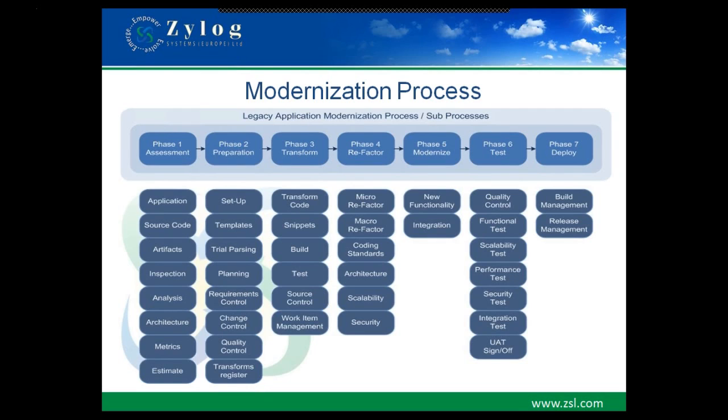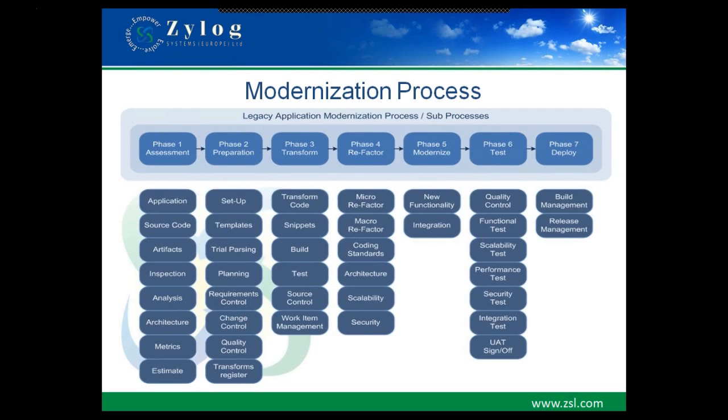Then finally, phase 7, this is where we do the build management, we do the release management, we help release in production, we help support that, and we can maintain it, we can do future enhancements, and also we help our clients to give the control to them so that they can start maintaining it from there on, where they can start changing the code, they can do future releases.